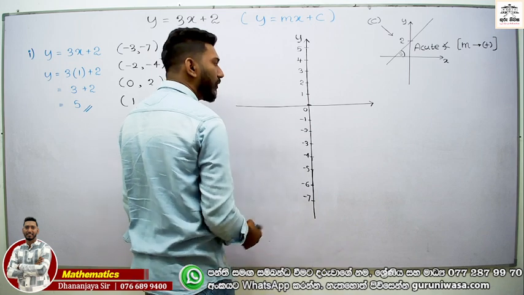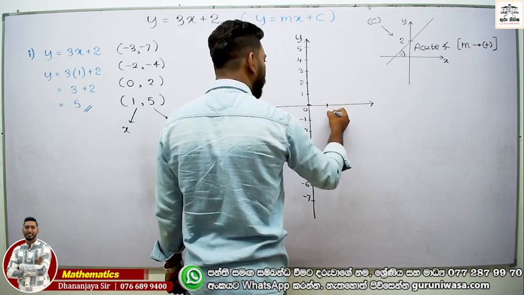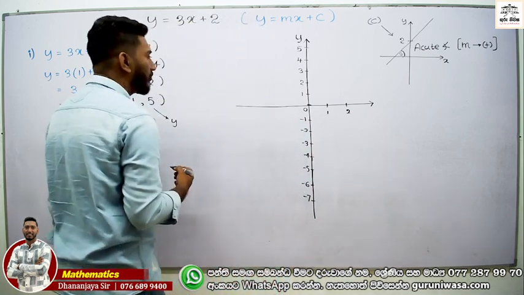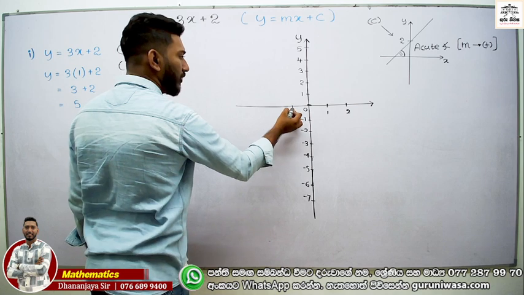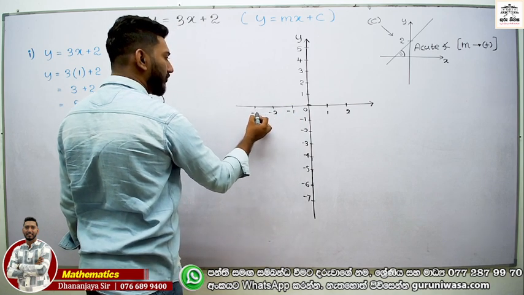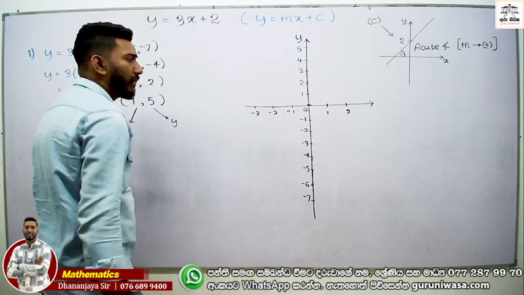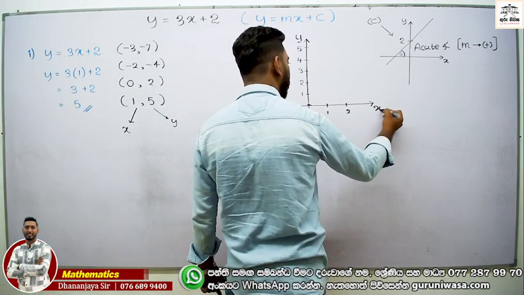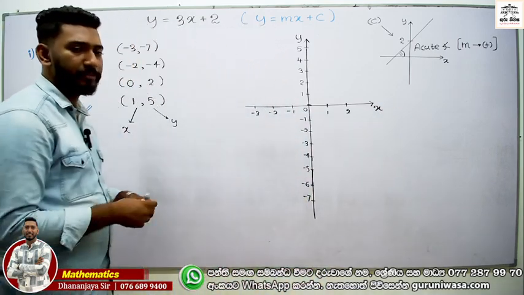Right. Now the x-axis. Just only +1 and -3, with -1, -2, -3 as the minimum one. Now you have to mark the x-axis and y-axis. Now mark the coordinates.